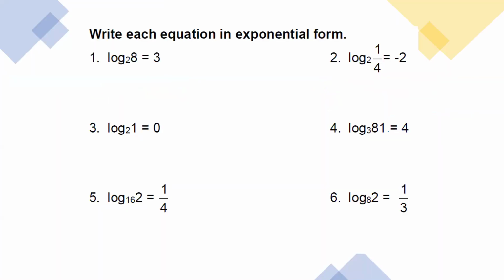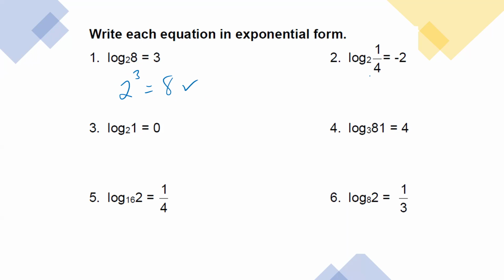All right, so first up, we're going to identify our base. What's our base? What's our power? What's our result? You know you did it right if it makes a true statement. It's 2 to the third equals 8. Yeah, that's a true statement.